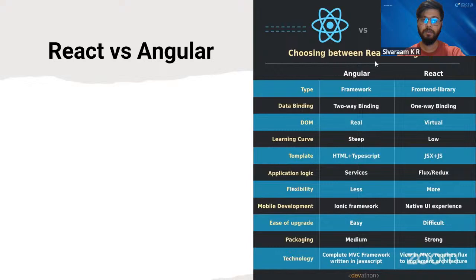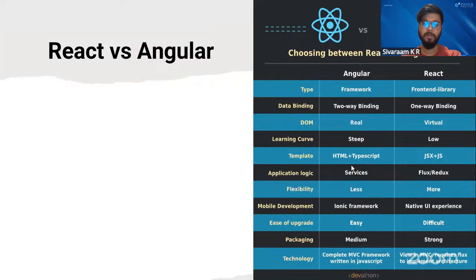And then in Angular, we usually write our UI in HTML and then the data in TypeScript. Whereas in React, there is something called JSX. We'll get through what JSX is. And then you have something called services. And for React, for state management, we use something called Redux. And then we have flexibility. It is less in Angular because it comes with everything pre-built, right?